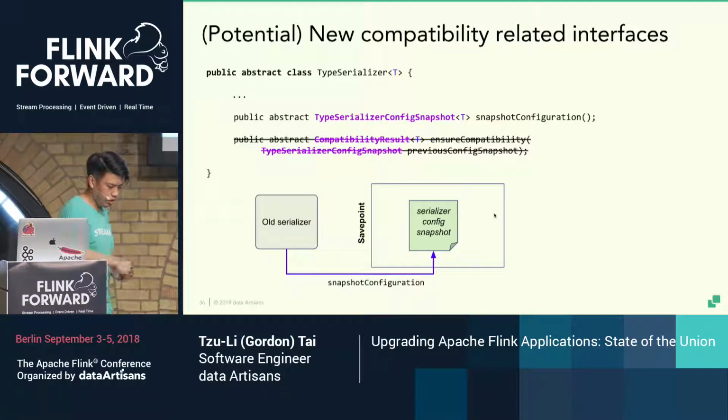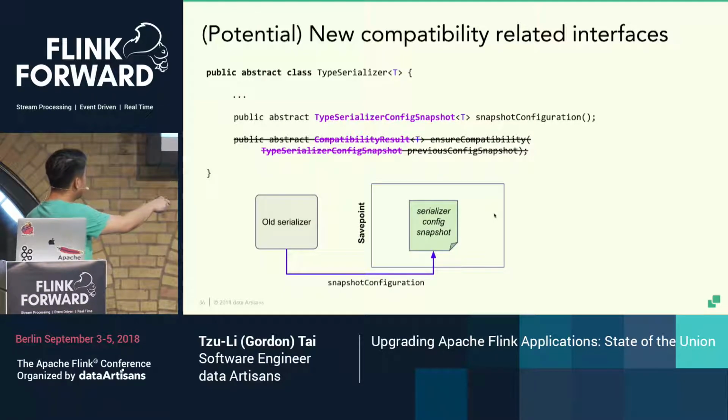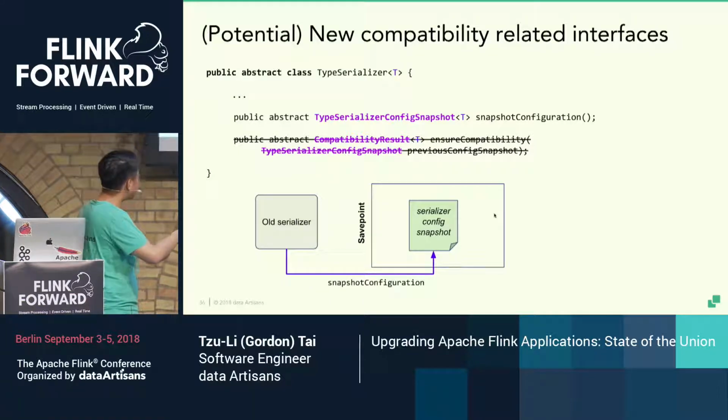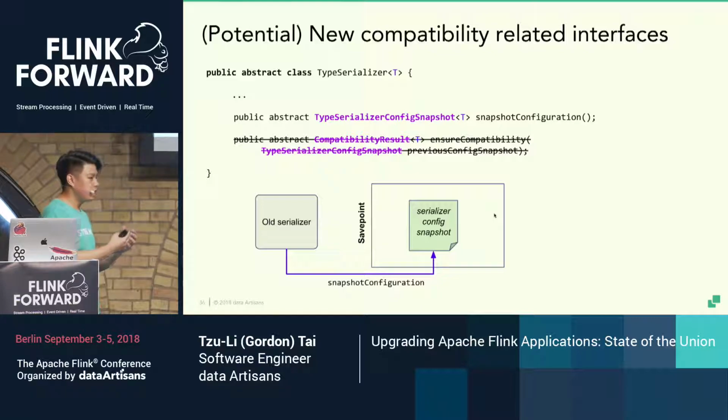So what would be the changes to the interface? Like I mentioned, in the savepoint, we should only have this config snapshot in there. We're also thinking about removing this method and moving it to the config snapshot class. The main reason for this is just to strengthen the fact that it's actually very dangerous to reconfigure.